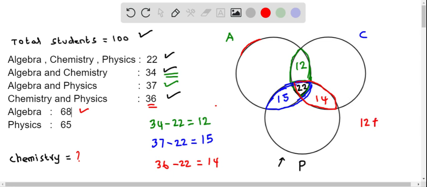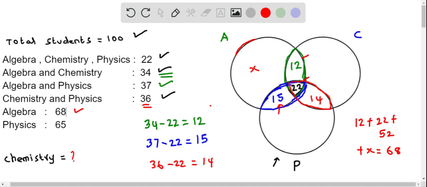That is, we have to add 12 plus 22 plus 15. And we say that let x be the number of students who have taken only algebra, and plus x, this equals 68. So this represents the number of students who have taken the algebra subject.